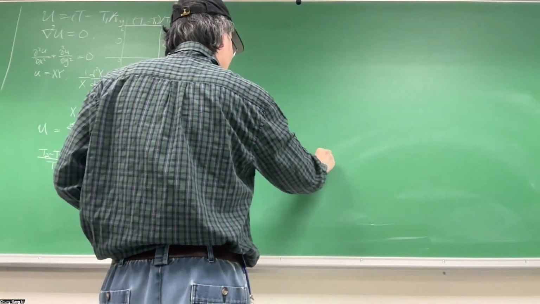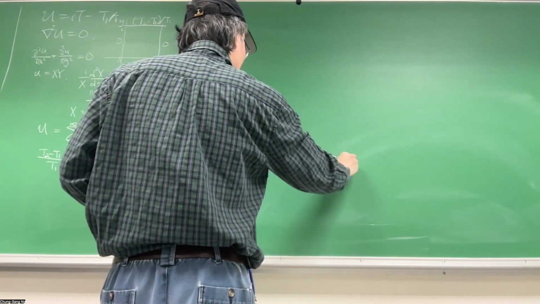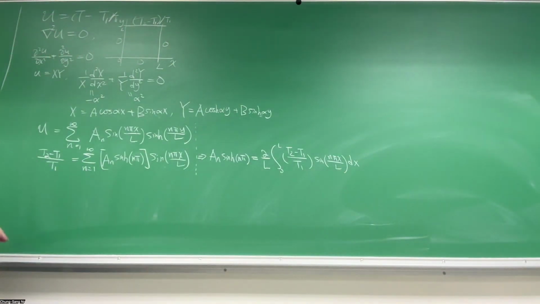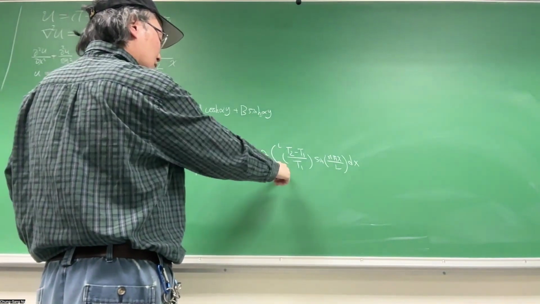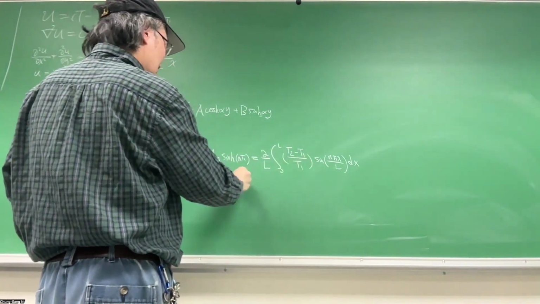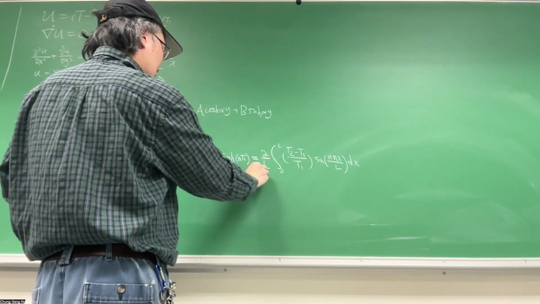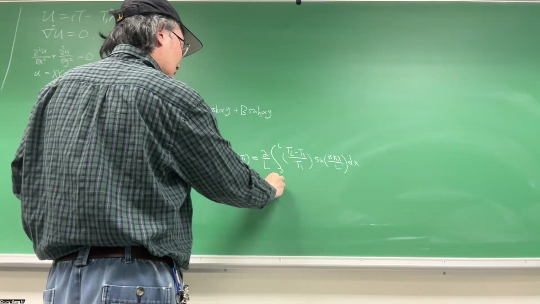Then sine n pi x over L. Right. Then you just do the integral. There's 2 over L, T2 minus T1 over T1. That's cosine.